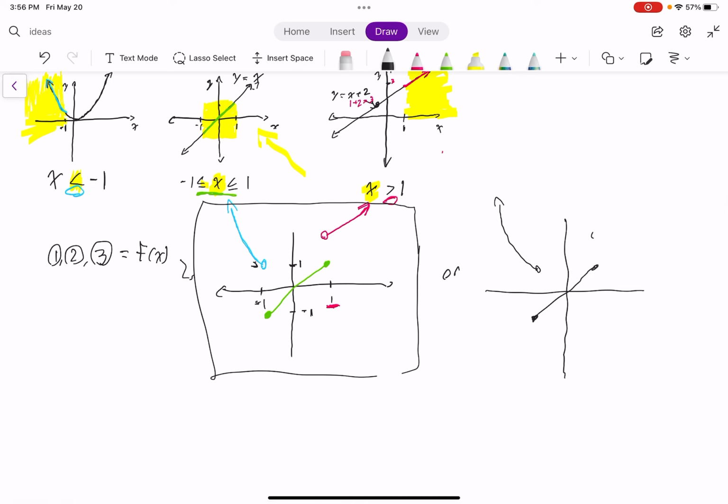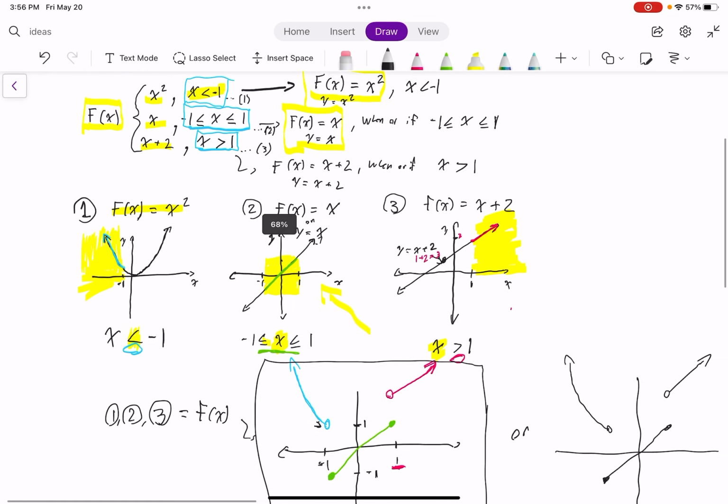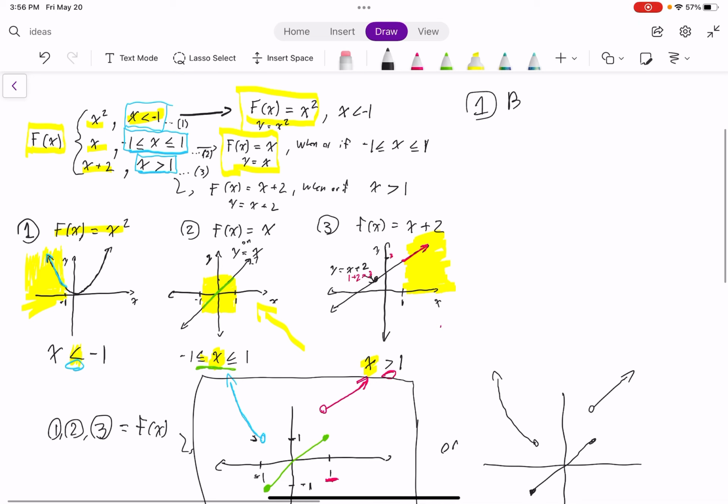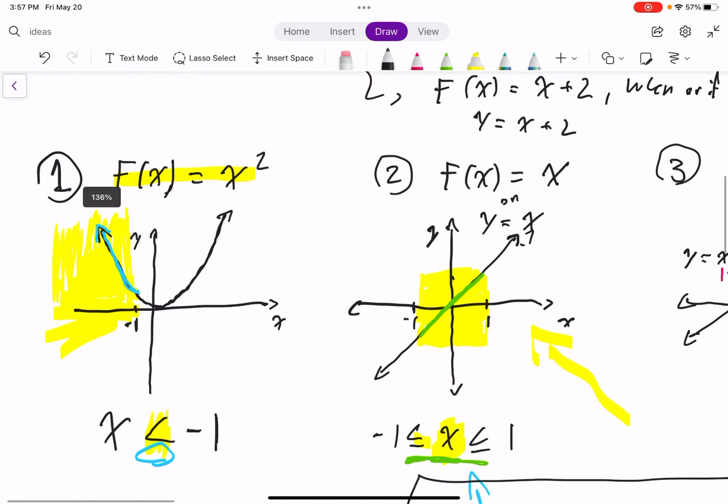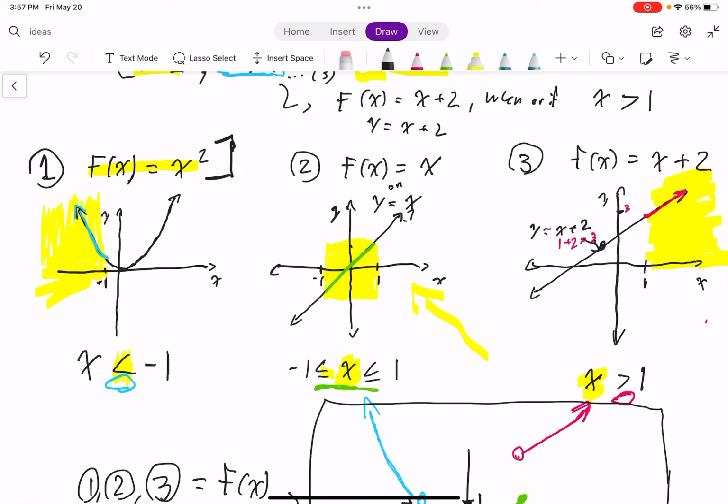So if you ever want to draw or sketch it, you have to first break it up into its pieces or functions, sketch out the functions, then take the sketches on its domain, which is the step right here, where we have the whole function sketched out, yet we only want the function in this area as it's less than -1.